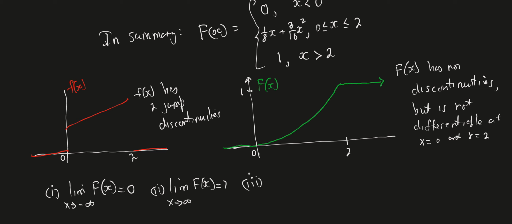Third property, same idea. This function is non-decreasing. It never goes down. It might be constant for certain values of x, but it never goes down because it's always accumulating positive area. So big F of x is non-decreasing.